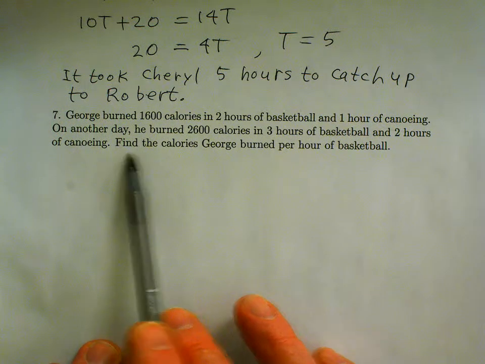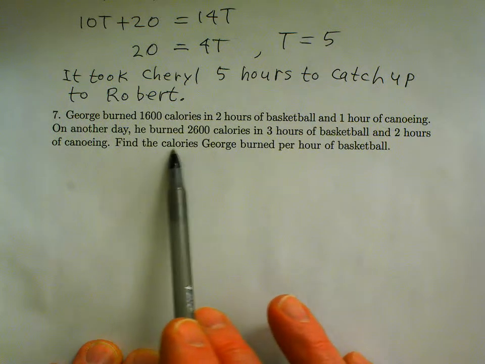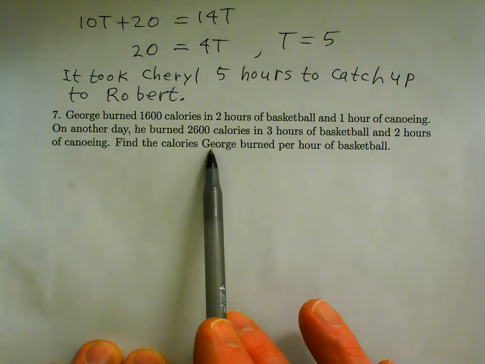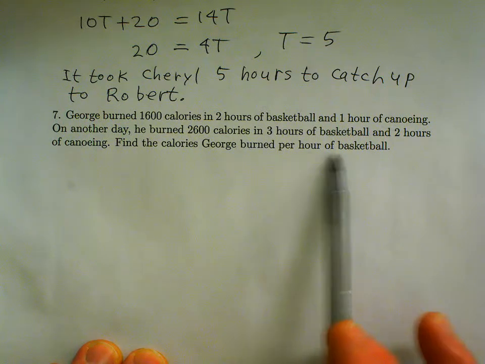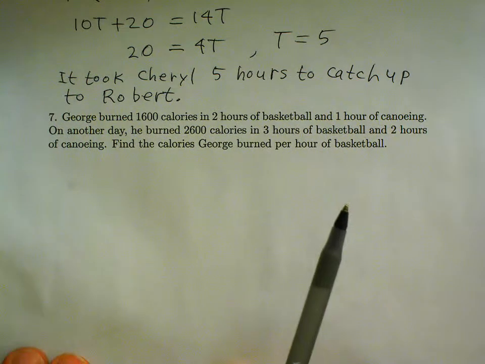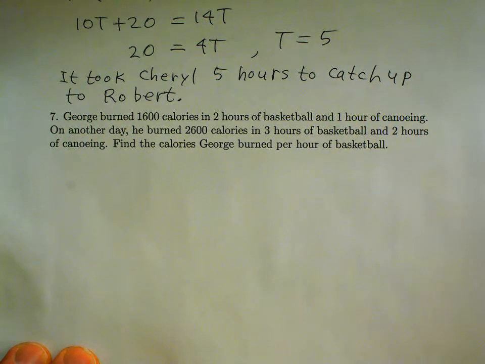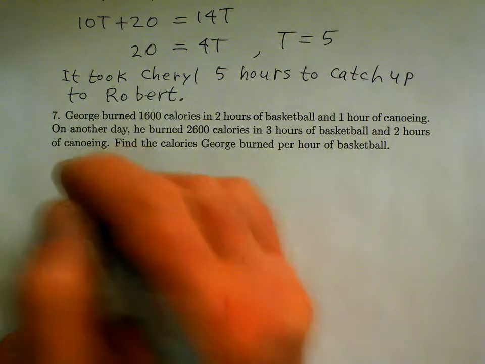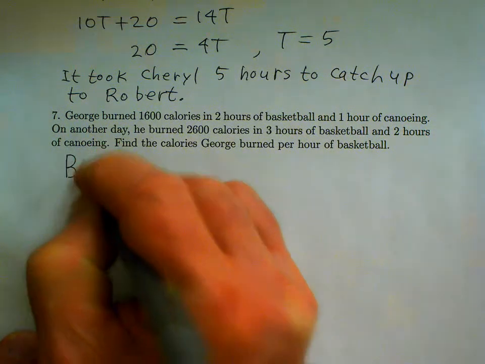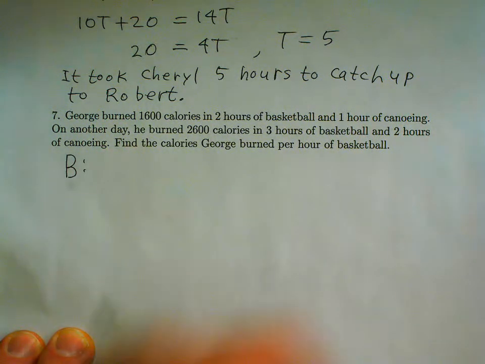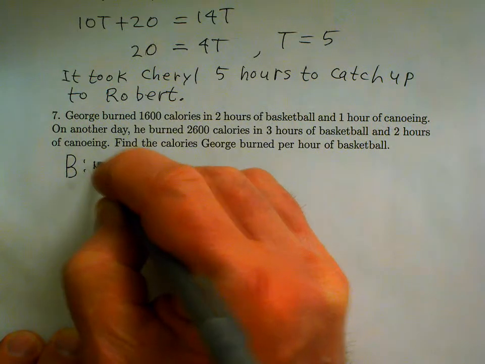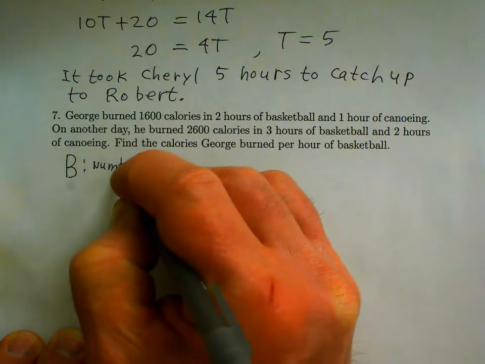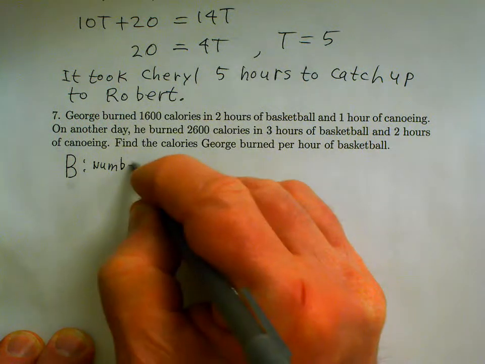Okay, so find the number of calories George burned per hour of basketball. So I'll just use capital B for number of calories burned per hour playing basketball.